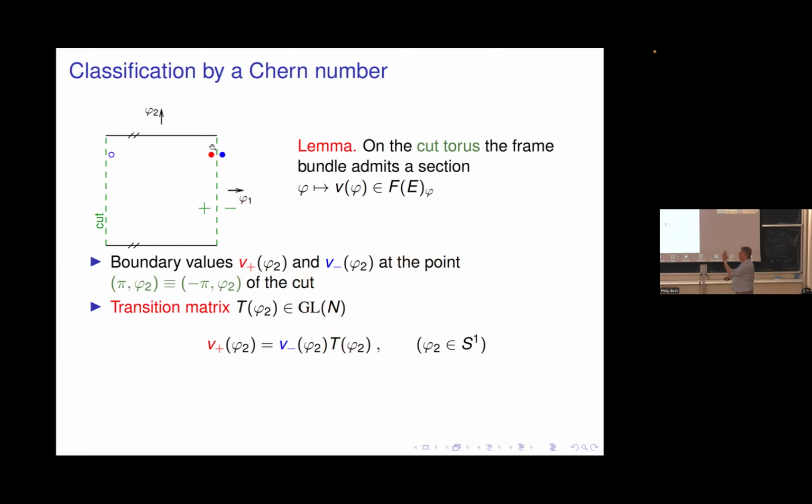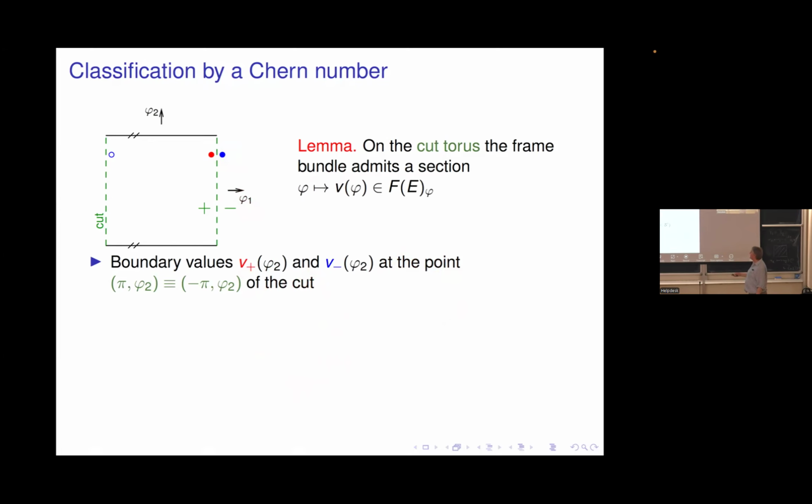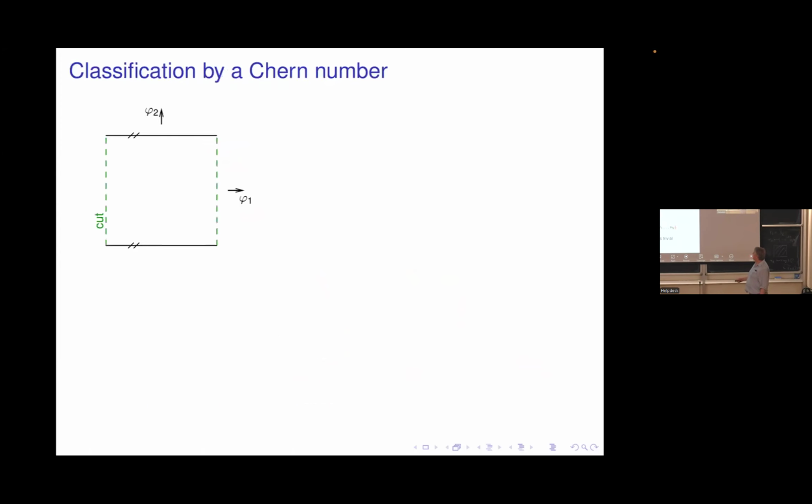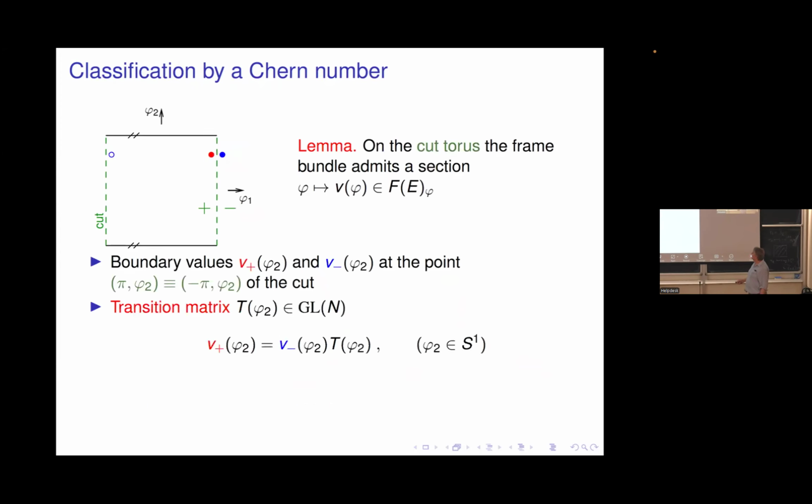V minus is a vector of vectors; we would write the whole basis as a collection of n vectors, and if you linearly combine them by right multiplication with a matrix, you get new vectors, and if this matrix is invertible, then you get the new basis, and vice versa.